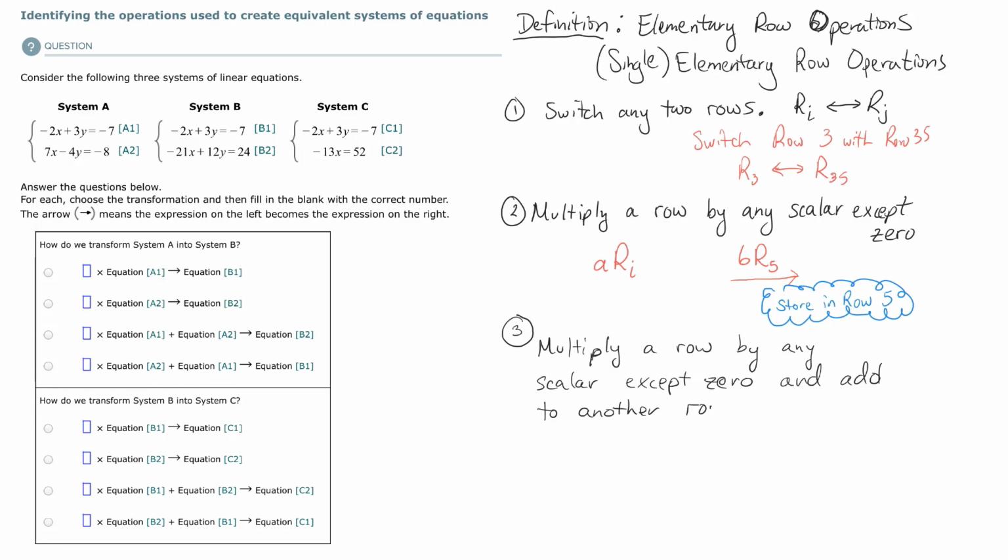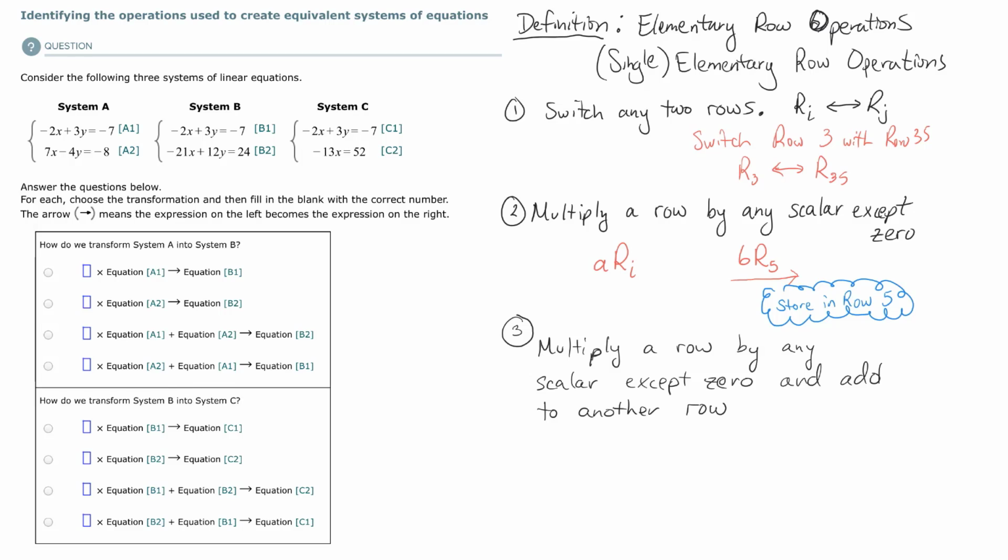This is sometimes called the addition method. You learn the addition method when you're solving linear systems as well. So we're going to multiply a single row by any scalar except 0 and add to another row.